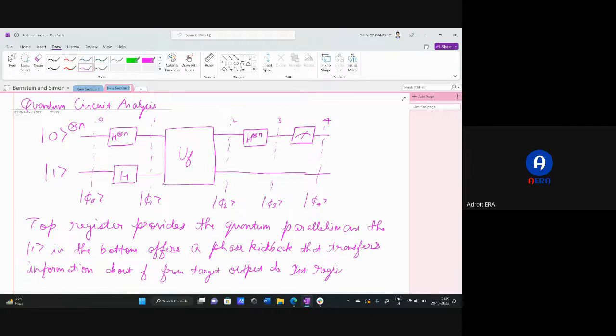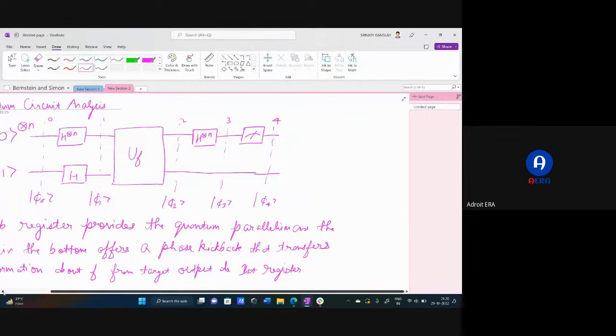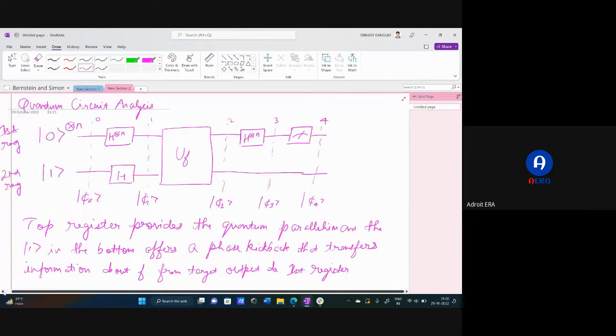Okay, and you are already familiar with this, we have discussed it. This is the first register, and the second register has only one qubit, right? We have already discussed this, so I am not going to touch upon it again, but it is already understood here, right? Because this is a special case of Deutsch-Jozsa.